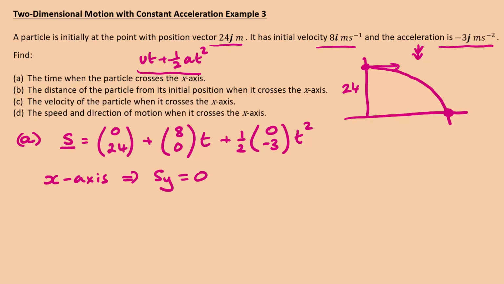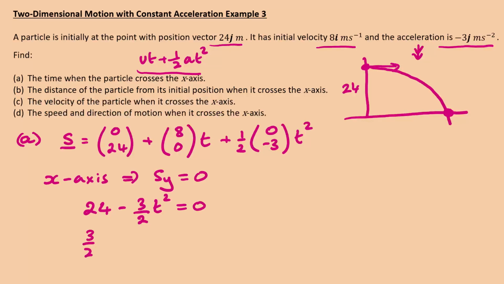Remember, a point on the x-axis is where y is 0. So in other words, we will have 24 take away 3 over 2 t squared is equal to 0.